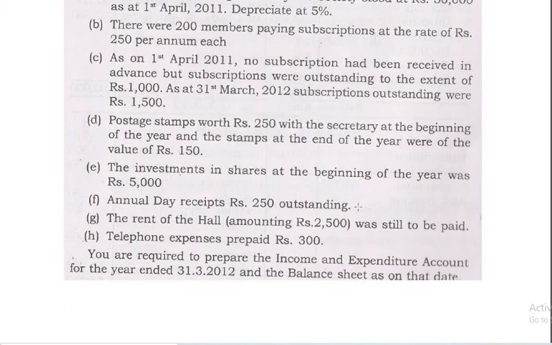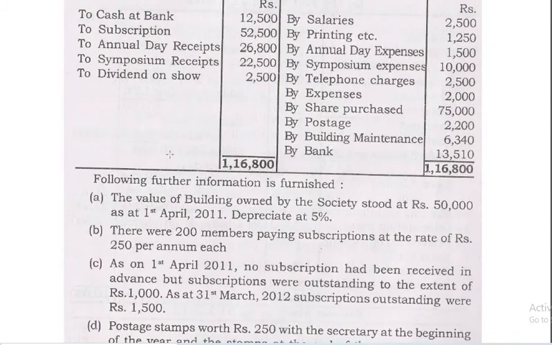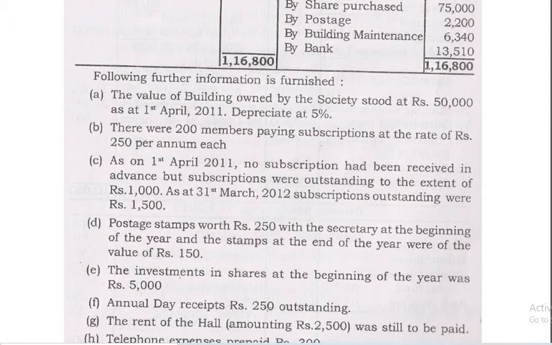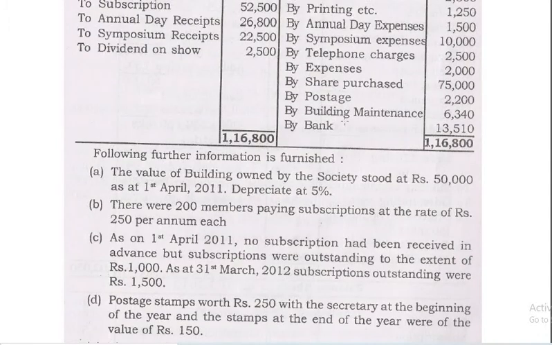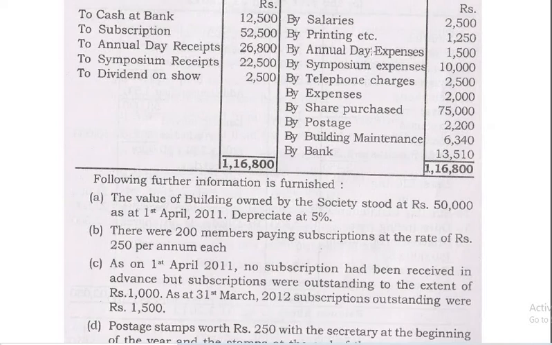Annual day receipts 250 outstanding. So annual day receipts are 26,800. To that you can add this value, that is 250. Then a similar item connected to that is annual day expenses, which can be shown in the outer column.